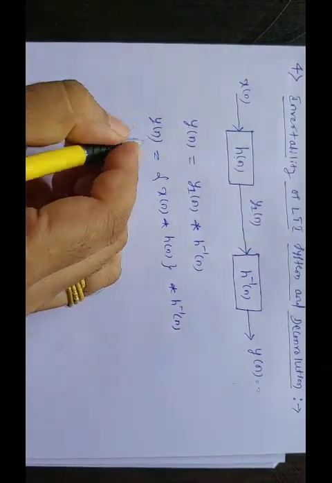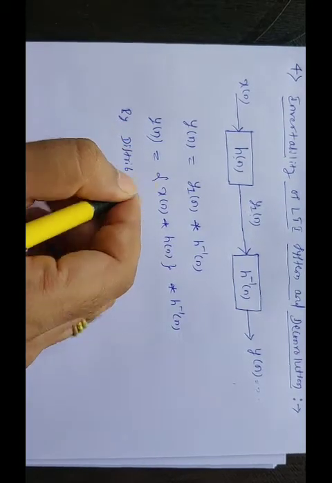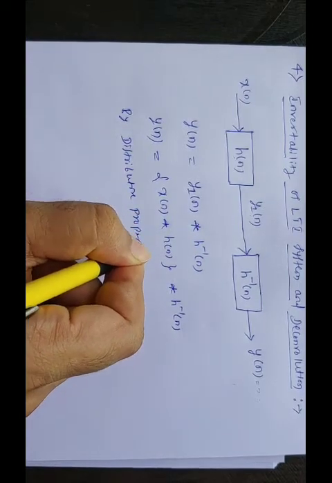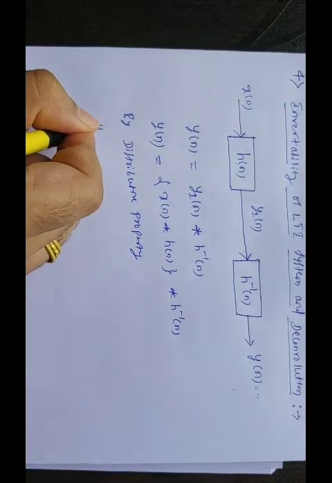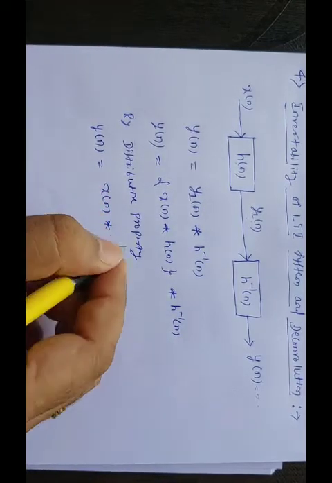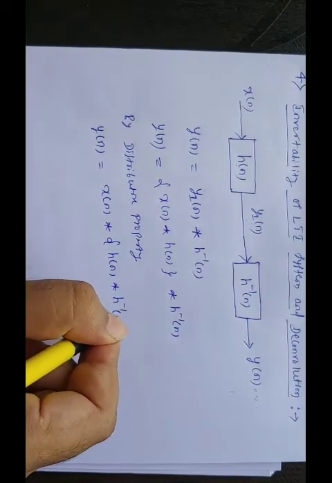By the associative property, I can write y of n equal to x of n star h of n star h inverse of n.